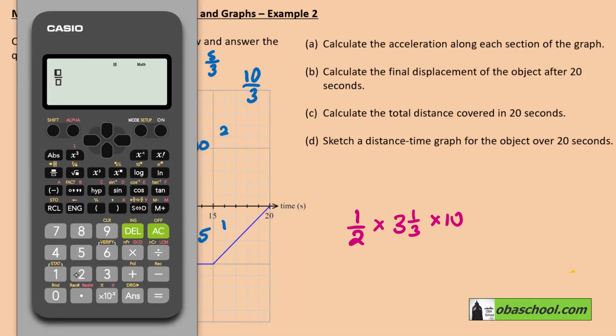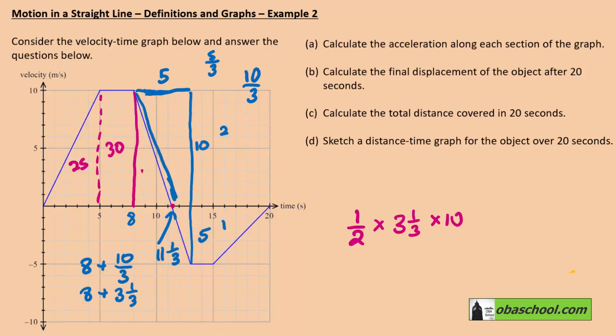So we're going to do 1/2 times 3 and 1/3 times 10, and that gives me 50/3, which is 16 2/3. So that's the area for that bit there.